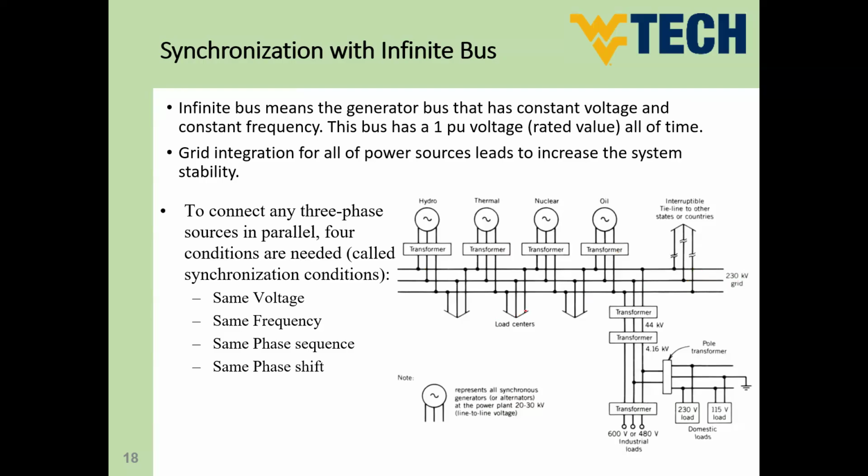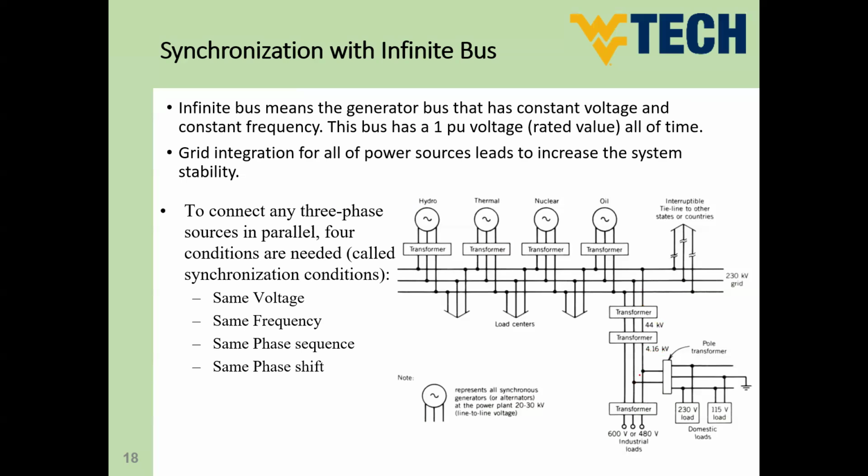You know that in electrical grids, we have three stages: generation stage, transmission stage, and distribution stage. So after transmission, for sure, you will have your distribution. Here, for instance, we have a transformer to 44 kilovolt, then a transformer to 4.16 kilovolt.